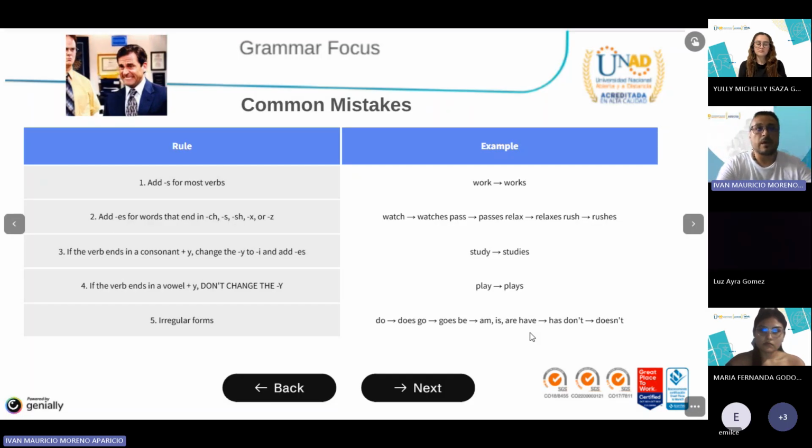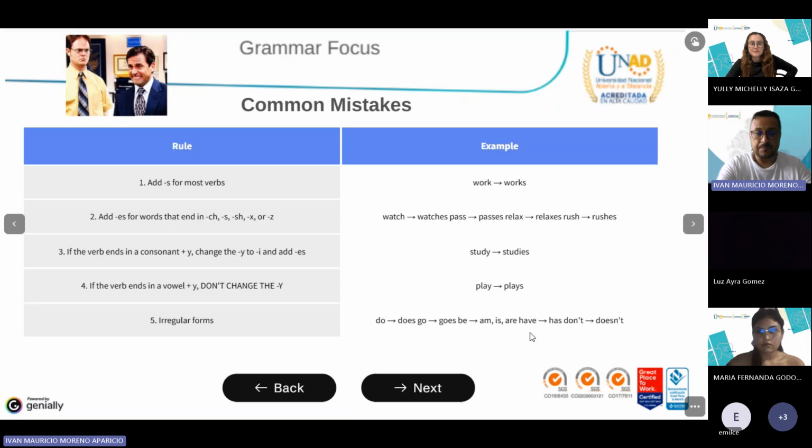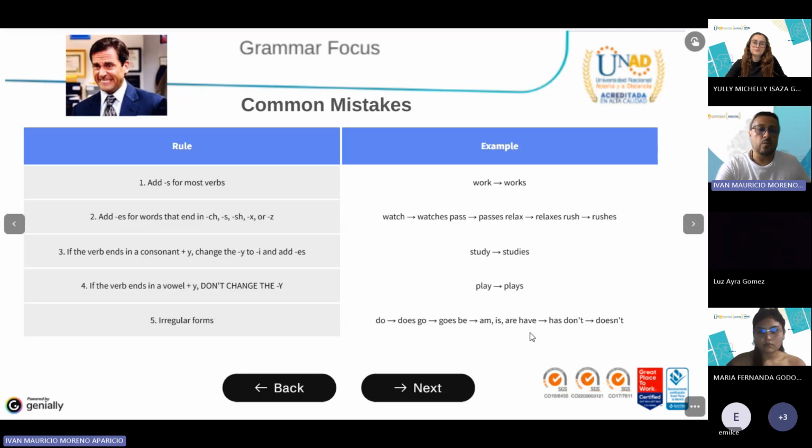We have some other verb rules, like when the verb ends in CH, S, SH, X, or Z, like watch, we add ES, watches, passes, relax, relaxes, rush, rushes.